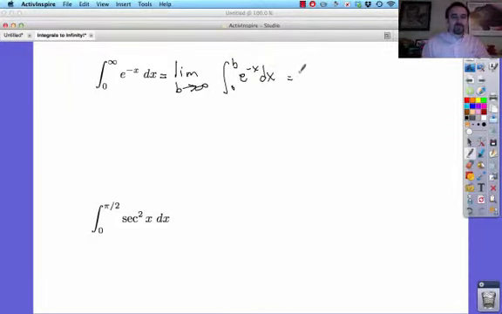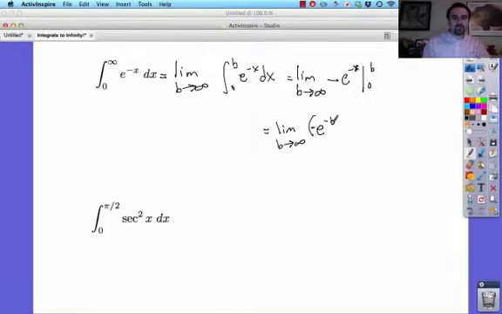That's the limit as b goes to infinity of negative e to the negative x from 0 to b.